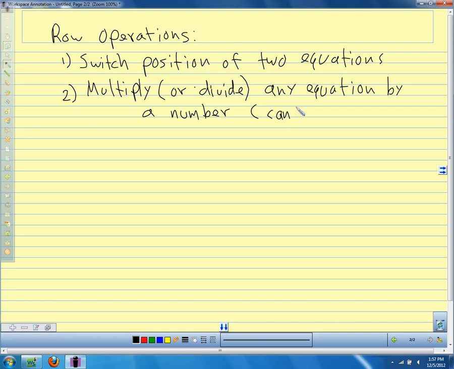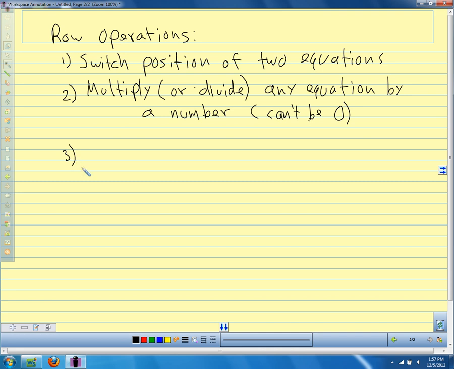We can't just multiply by 0, because if we multiply by 0, then the entire equation goes away. We've done that on some of the examples that we worked on today. To get rid of decimals, we multiplied by 10 or by 100 or by 1,000. So we essentially were doing one of these row operations.